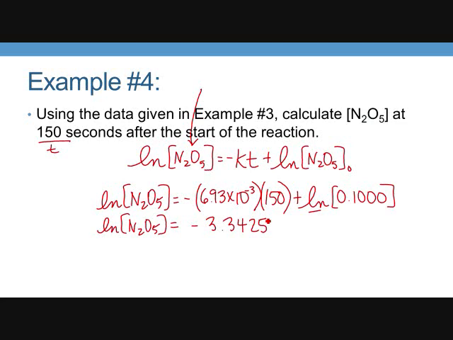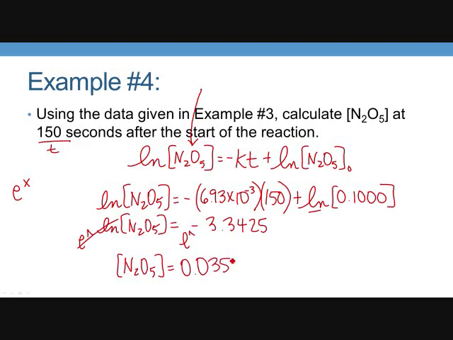So the inverse function of the natural log is that e to the x function. So we want to take e to that exponent. So that cancels the natural log, and then that tells us that the N2O5 is 0.035.